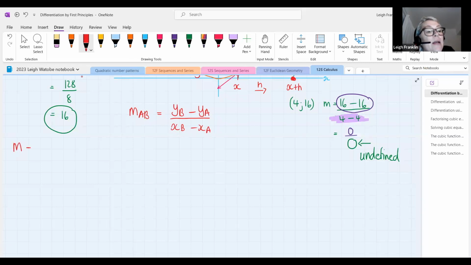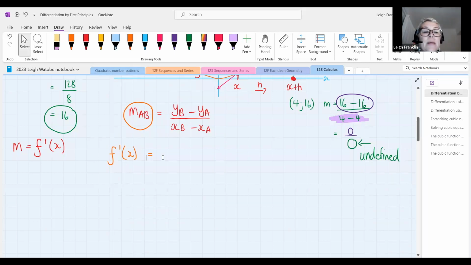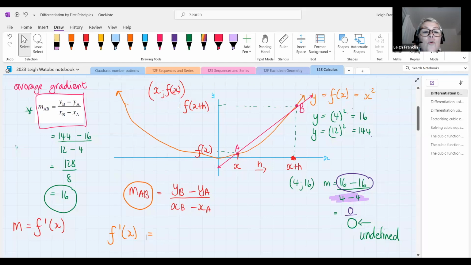Gradient can also be written as f prime A. It means exactly the same thing, it's just different notation. So I'm going to replace this with some new notation. I'm going to call it f prime x equals, and something's going to go here. Instead of the y at B, I'm going to call the y at B f of x plus h. My y at A is f of x.